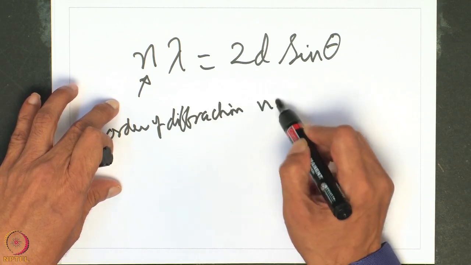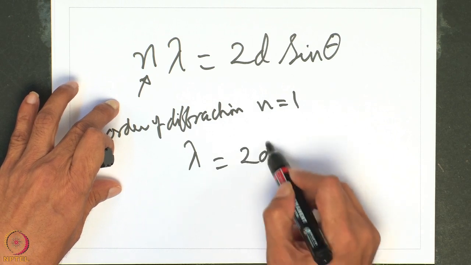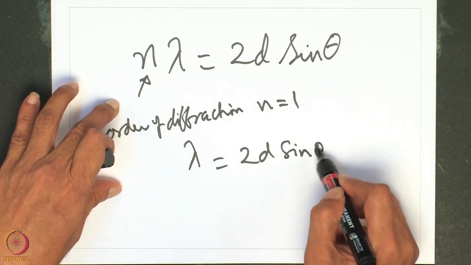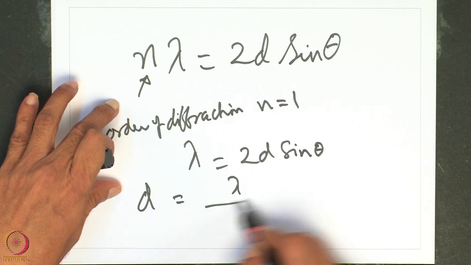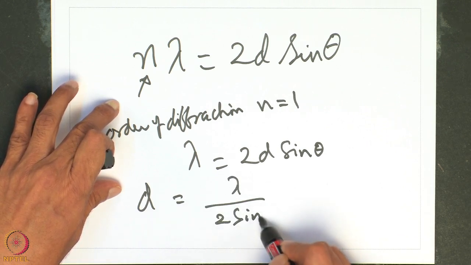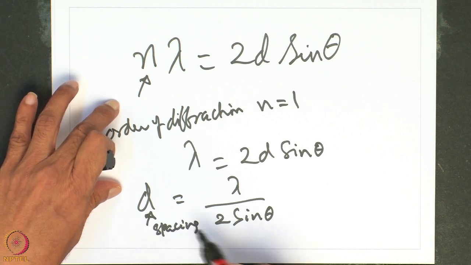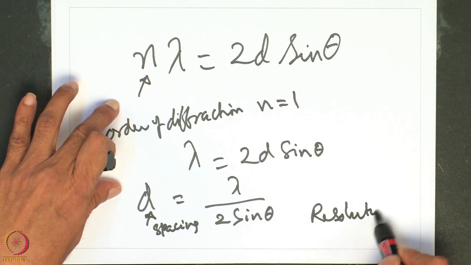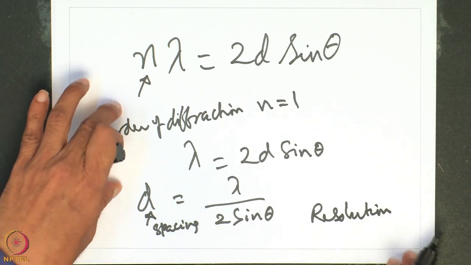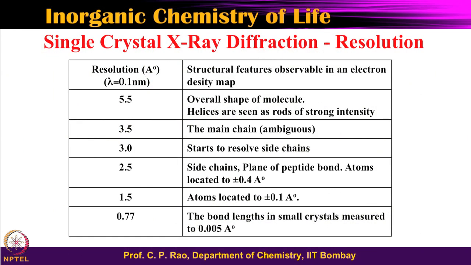So n is equal to 1, then this becomes lambda is 2d sin theta, and d is the spacing, so d is lambda by 2 sin theta. So this tells you about the spacing, also referred to as the resolution. So the smaller this value is, the better the crystal structure resolution is.